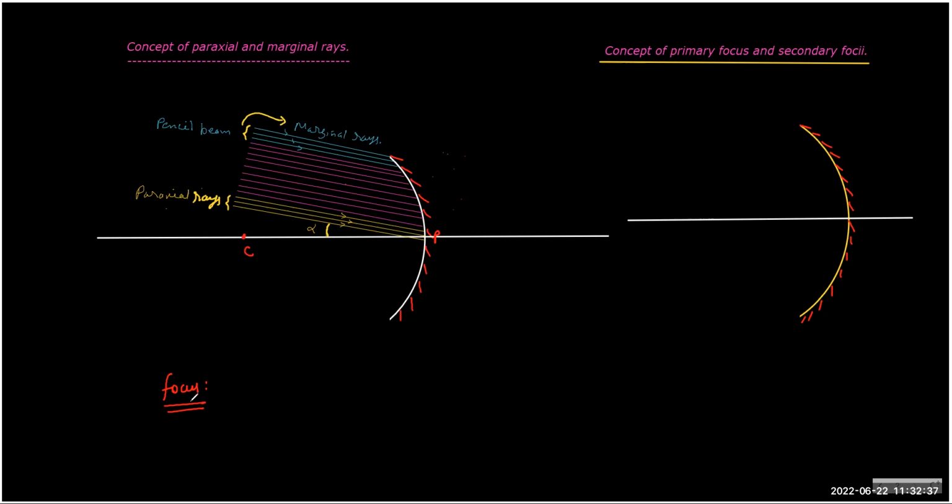So focus is defined for a beam, a parallel bunch of rays. And this parallel bunch of rays may be parallel to the principal axis, may not be parallel, right? So imagine a ray coming parallel to the principal axis.